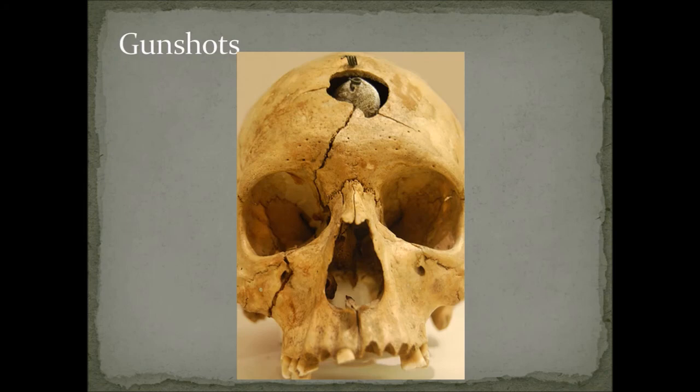So gunshots create a lot of different things in the bone, which is much more important for what we're talking about. So here we have that grape shot. This is actually similar to a shotgun shot coming out, except it's coming out of a cannon, so it's much larger. This hit this individual. We've seen this image before.